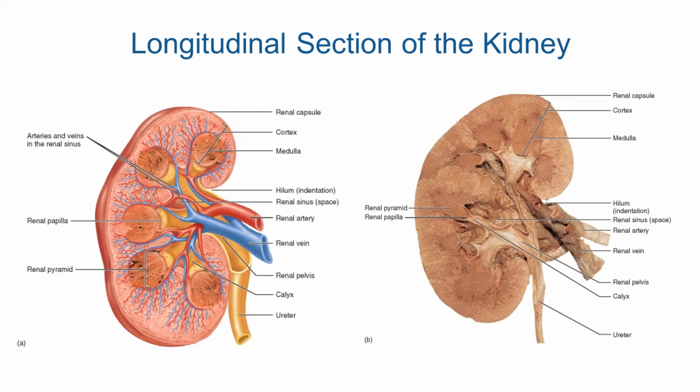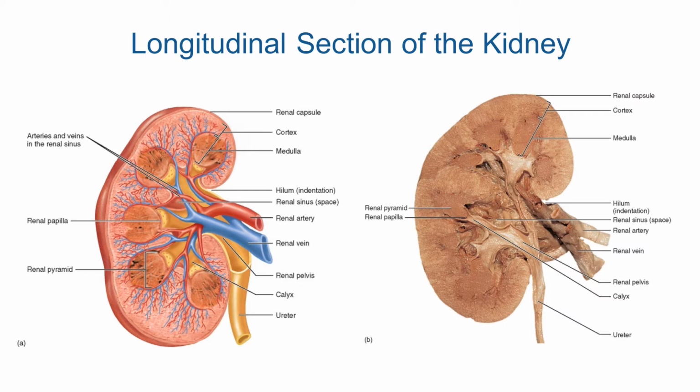This image shows you the longitudinal section of the kidneys. The image on your left is a representation of how a kidney looks when it's drawn. And you also have an image on your right, which is a section of a human kidney. So this is how you compare a drawing of your kidney and how it looks when you observe such parts in the section of a human kidney.